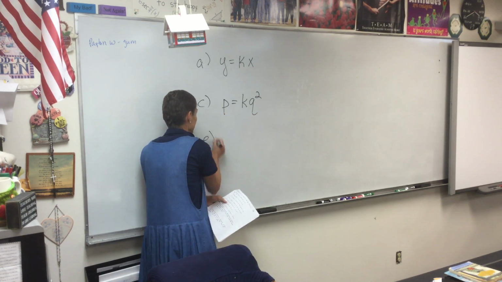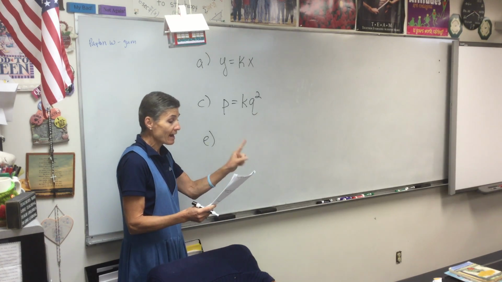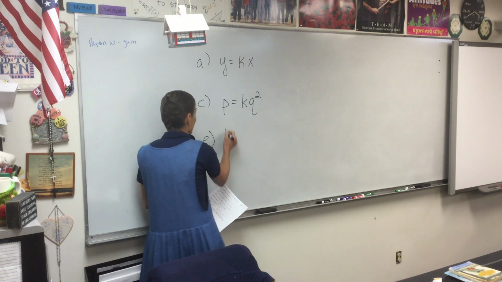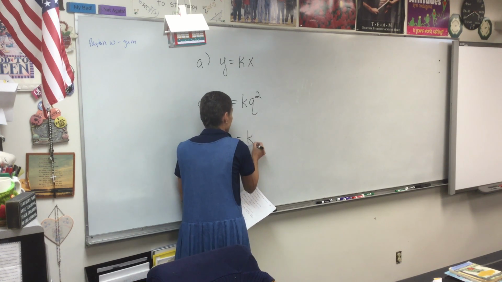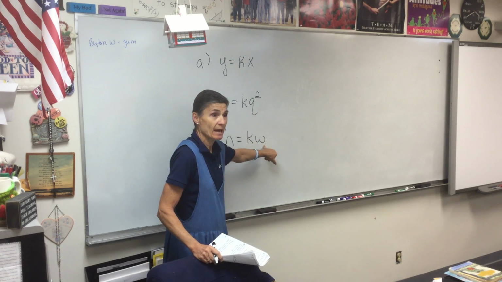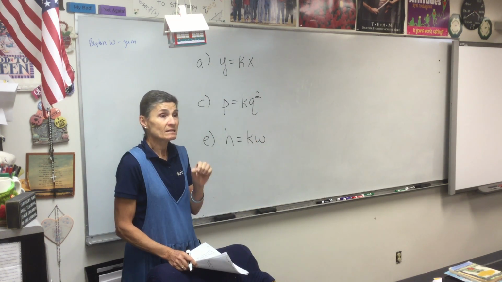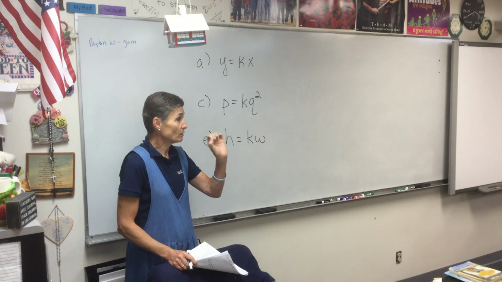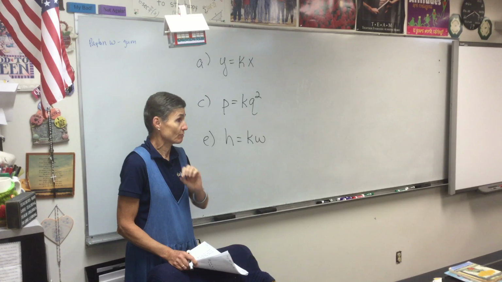Look at E. What's E going to say? Height varies directly as weight. So H equals KW. Height varies directly as weight. When things vary directly, it's one variable equals K times the other variable.